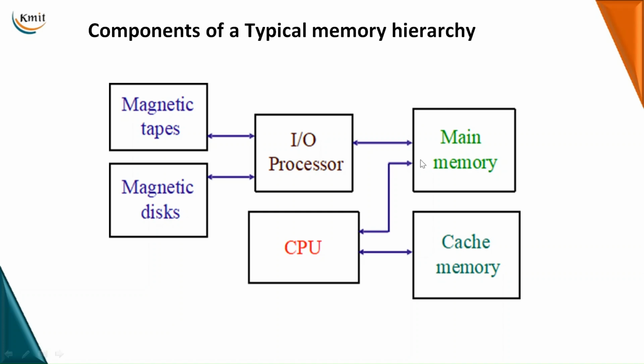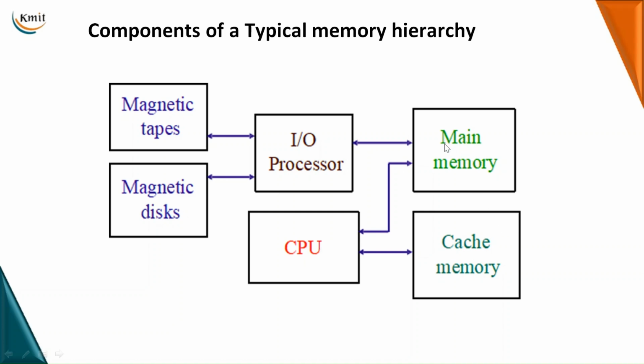So when you want to provide a backup of information that has to be stored permanently in your computer, that can be stored in the magnetic disks. An example of magnetic disks is your hard disk. Whenever a program or data is required by the CPU, it will be transferred from the magnetic disk or hard disk into the main memory, so that the CPU can access that information.